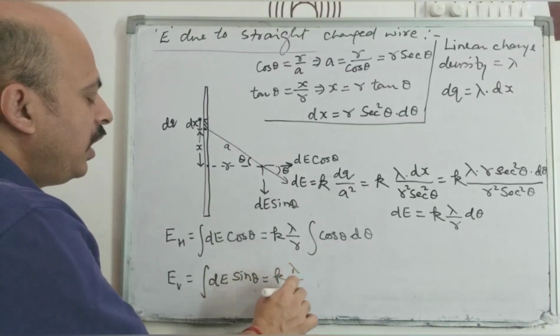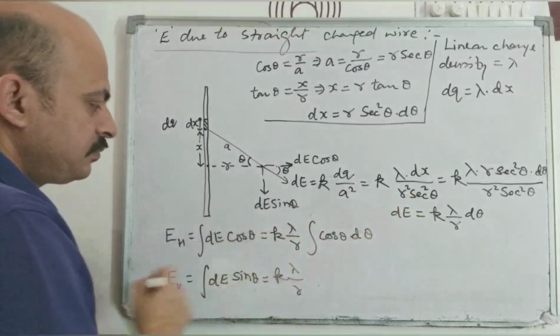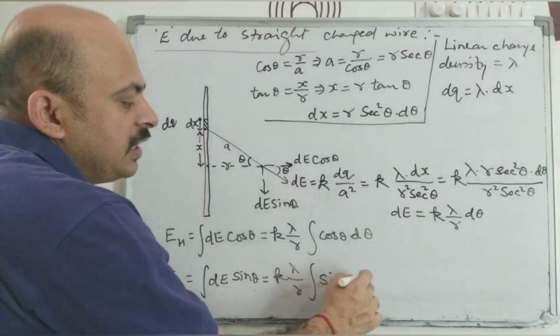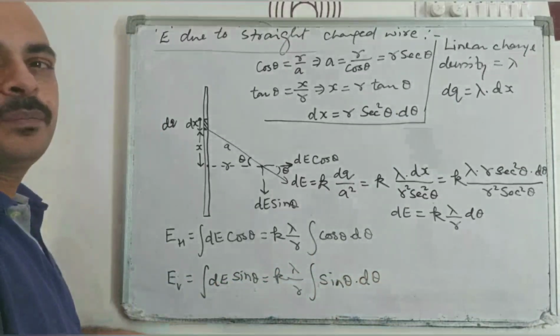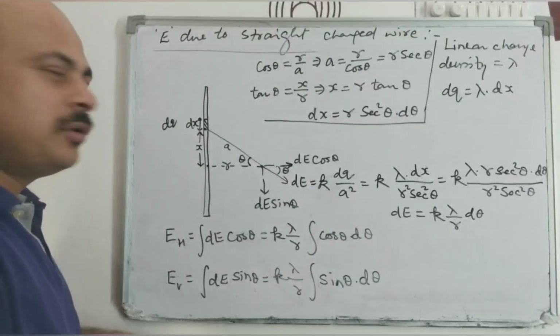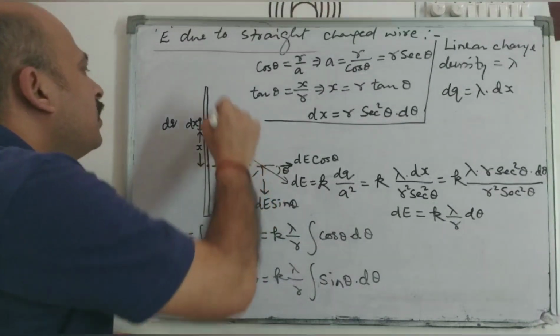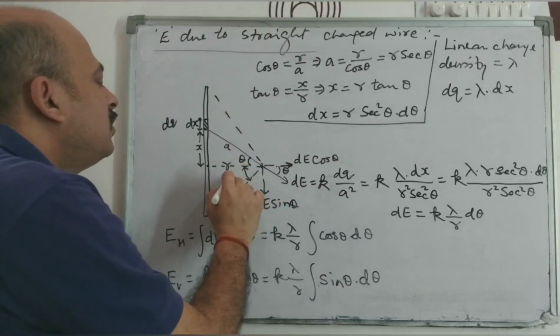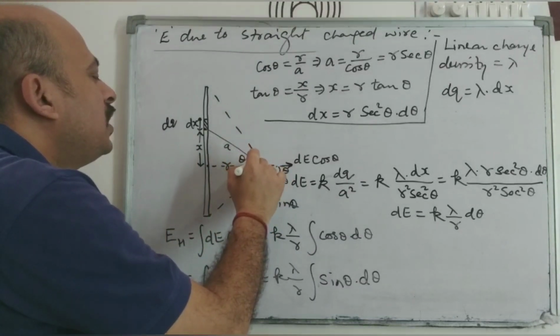K lambda upon r is constant in dE. What is inside the integration? That is sin theta d theta. Take their limits. Suppose the wire is of finite length, so their extreme ends are making angles theta 1 and theta 2.